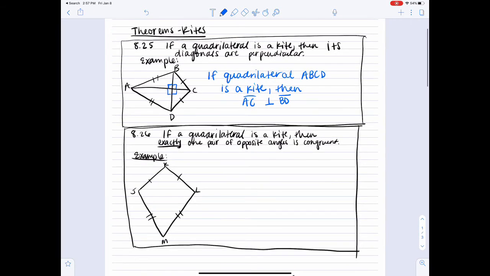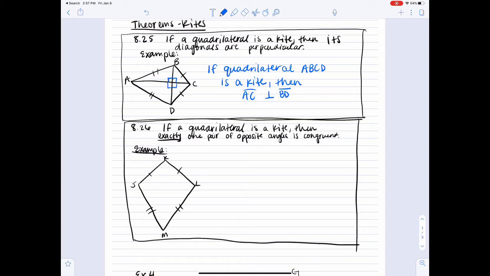8.26 says if a quadrilateral is a kite, then exactly one pair of opposite angles is congruent. Okay, only one pair. So let's look at this example.